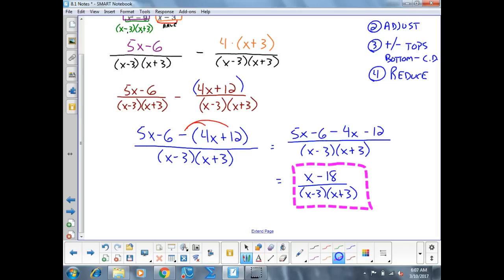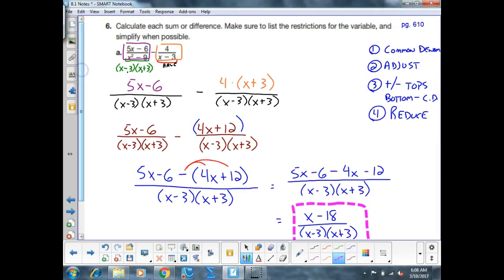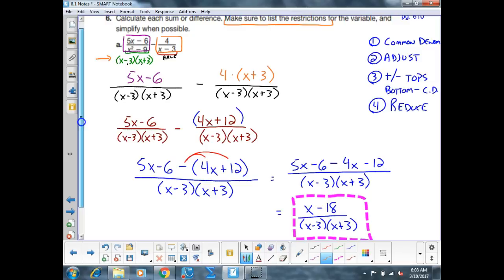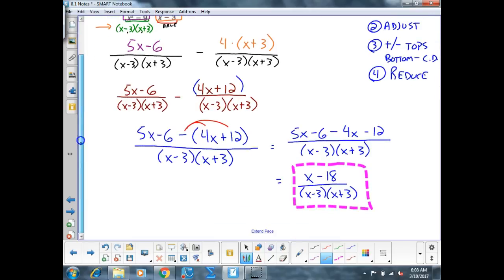Now, it also added into something called make sure to list the restrictions for the variable. Right up here it said in the directions, make sure to list the restrictions. That's from the domain of your new function. Okay, actually you look at all of your different functions and you say, okay, so from my original one there, x cannot equal 3, x cannot equal negative 3. From your second one, x cannot equal positive 3.